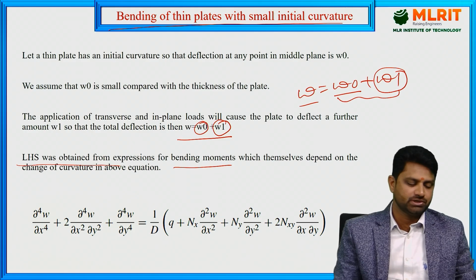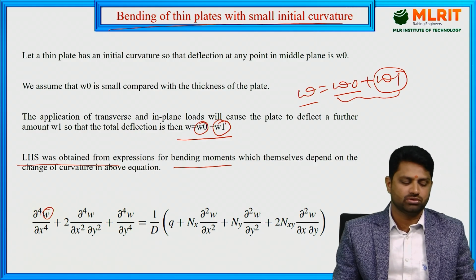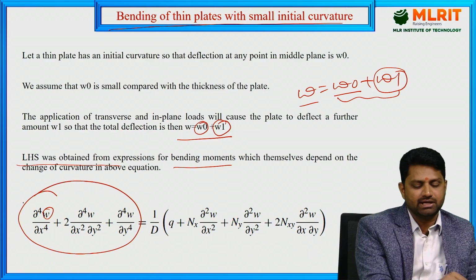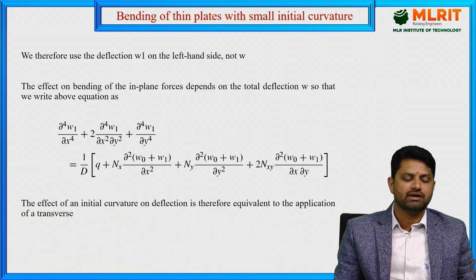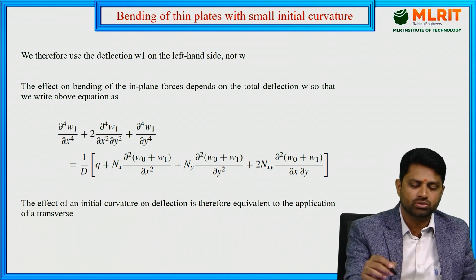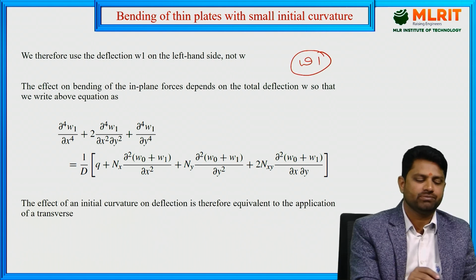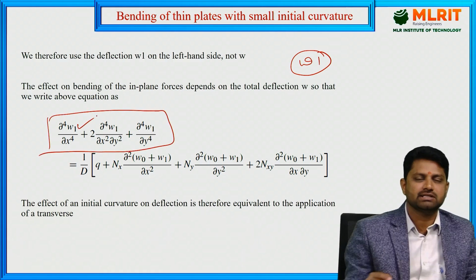You can see clearly w is the deflection, or 1 by w, that is curvature. So the left side of this equation completely depends on the bending moments. Therefore, in the left side of the equation, since w1 is the actual deflection, w should be replaced by w1.